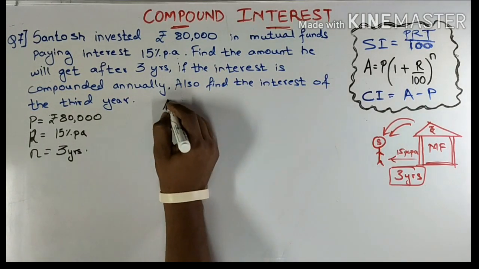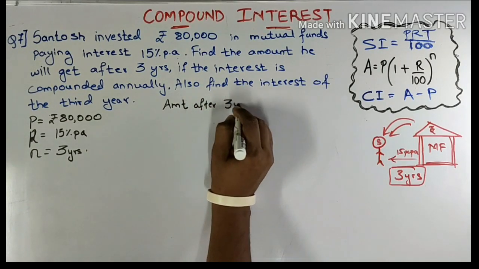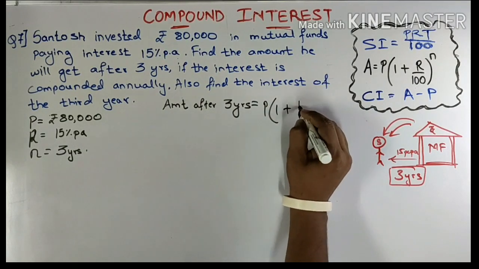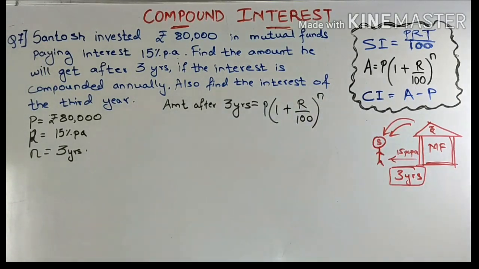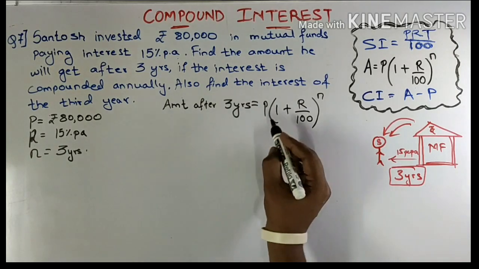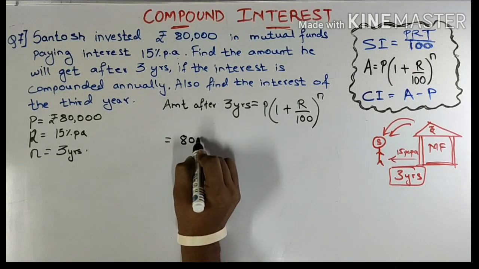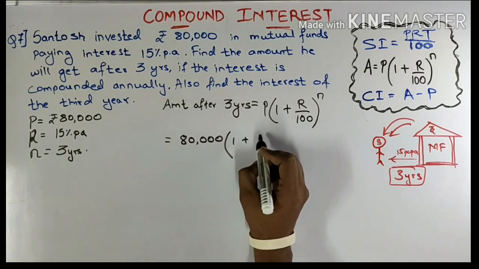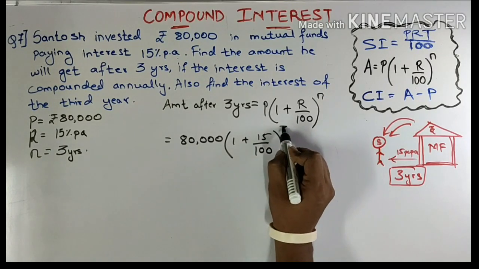So amount after 3 years is given by the formula P into 1 plus R by 100, the whole raised to N. So let the amount after 3 years be this. I calculated 80,000 into 1 plus rate of interest 15 upon 100, the whole raised to 3.